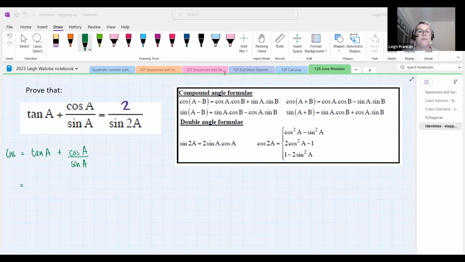Right, there we go. Okay, so I'm going to do the easy part. All right, the easy part is writing tan A as sine A over cos A. One of you is going to tell Yolanda and I what the next step is. What would you do after that? After you've written tan A as sine A over cos A, what is the next step?